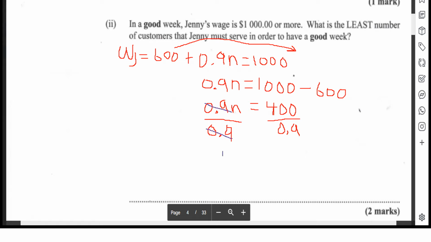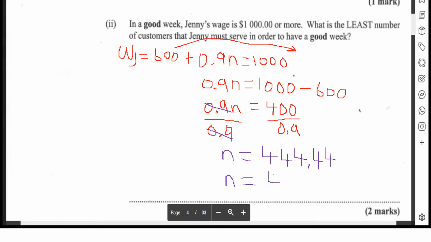So n would be equal to 400 divided by 0.9 gives us 444.44. But we cannot have 444.44 customers, so we round off to n is equal to 445.